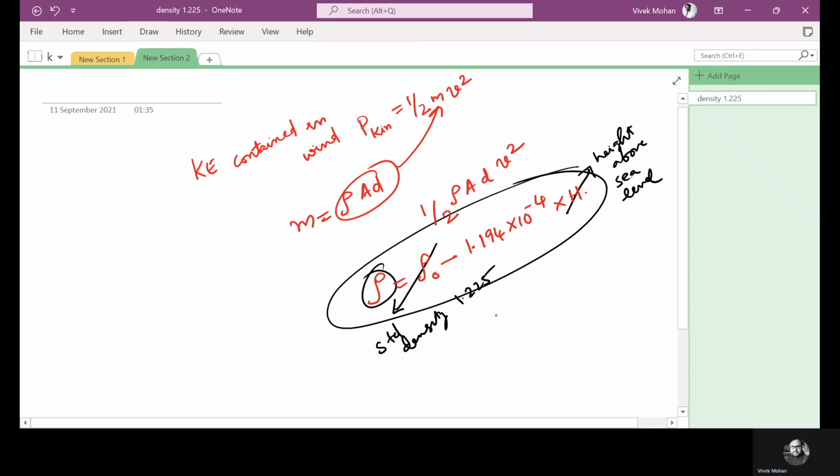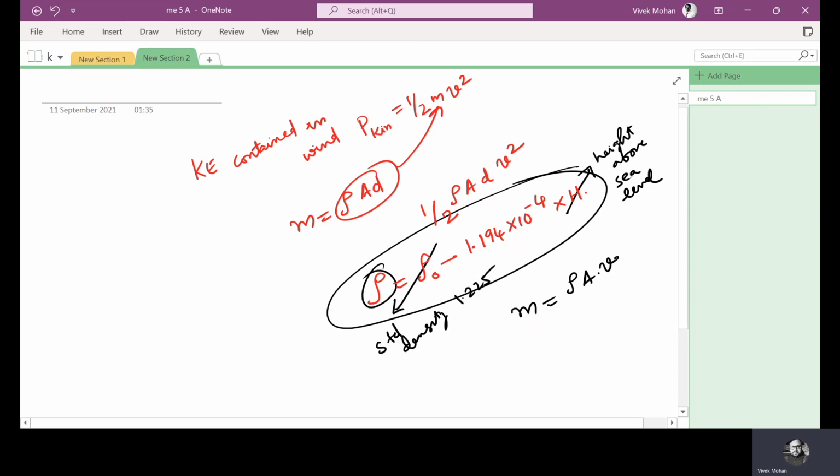Now, when a volume of air passes through an area A per unit time, then d becomes 1, the distance becomes 1. So m will not be rho ad, instead m will be rho a. So the mass of the fluid, here it's air, is equal to rho into A. However, when the mass flow rate of air through this area is with velocity v, then you have to multiply this with v.